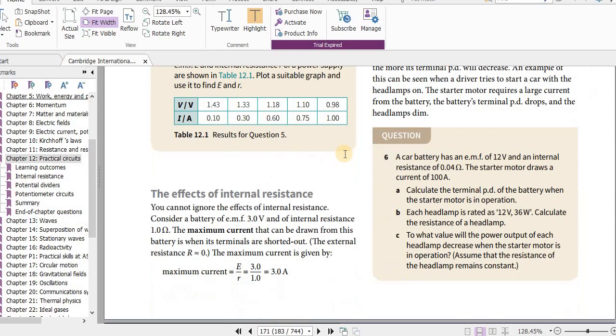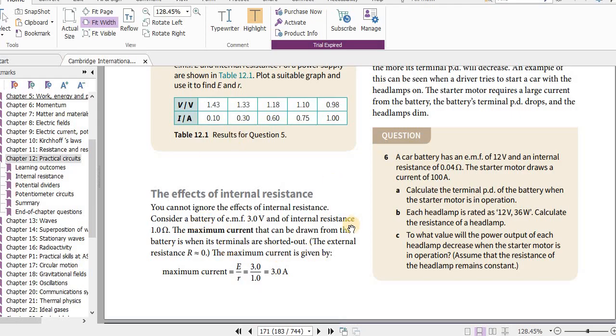Okay, then the effect of internal resistance. You cannot ignore the effect of internal resistance. Consider a battery of EMF 3.0 volts and internal resistance 1.0 ohms. The maximum current that can be drawn from this battery is when its terminals are shorted out.